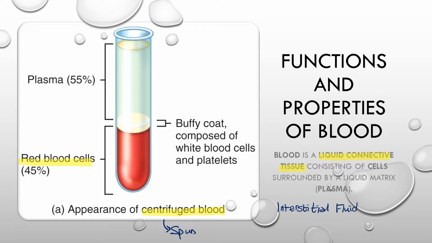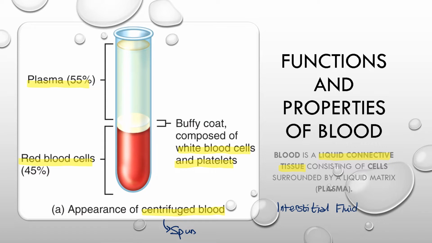Now, blood is normally about 45% formed elements and 55% plasma. Now, these pale, colorless white blood cells, and even platelets here, these occupy less than 1% of the formed elements. Formed elements just means cells and cell fragments.